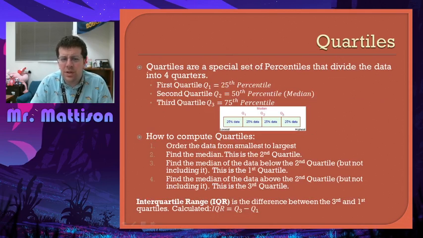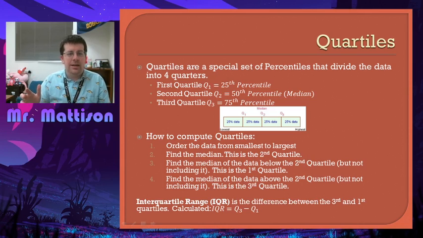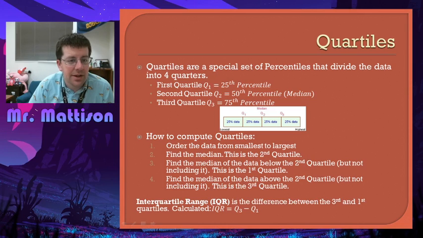Okay, so quartiles, these are very closely related to percentiles. They're basically benchmarks which we set in a list of data that are certain percentiles. So the first quartile is basically the 25th percentile. The second quartile is the 50th percentile, and the third quartile is the 75th percentile.